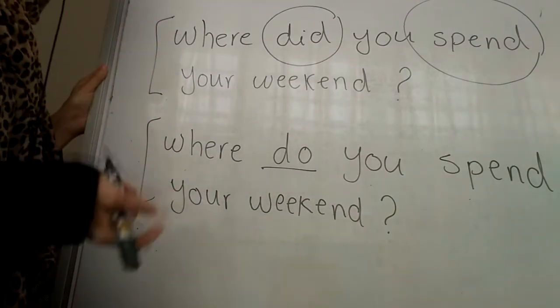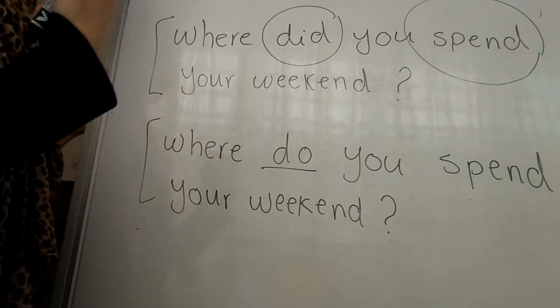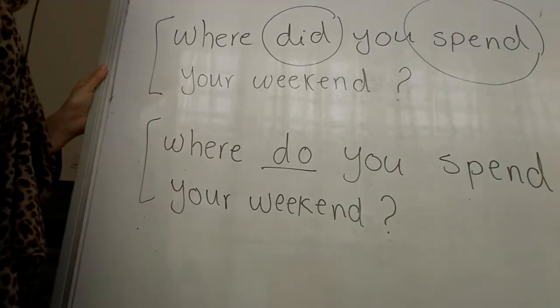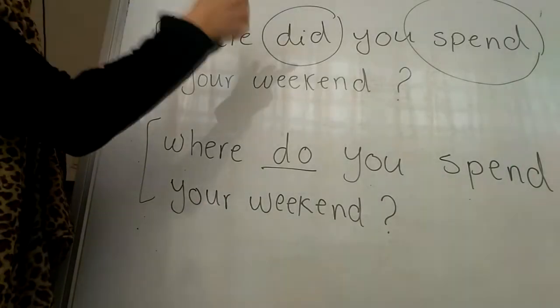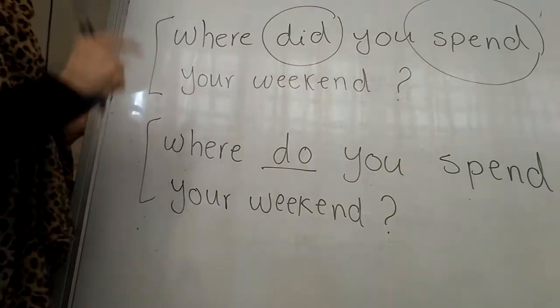In case you missed it, or if you would like to check it, then feel free to do so. All right, but for today our focus is on past tense, right?